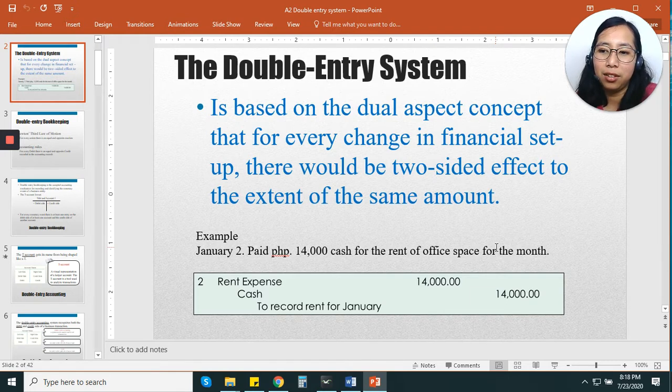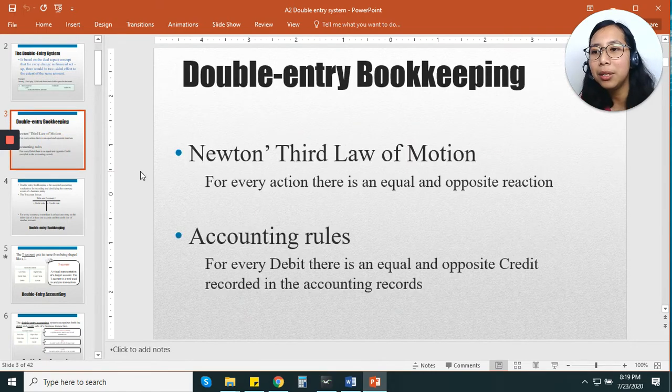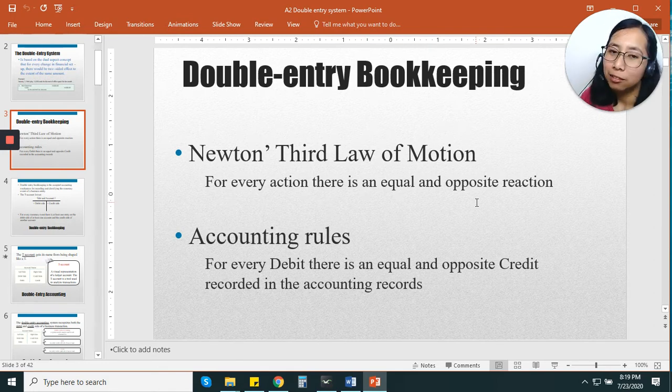You can see two or more account titles in one journal entry, and that is what we call a compound entry. That is the double entry system. It is similar to Newton's third law of motion, that for every action there is an equal and opposite reaction.